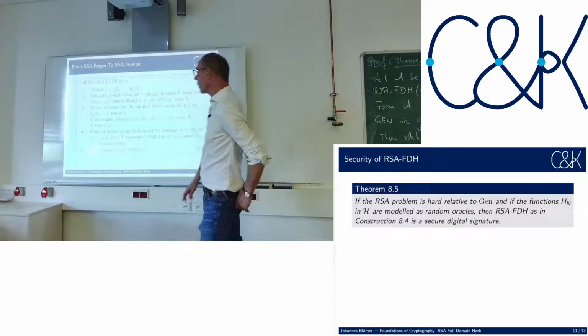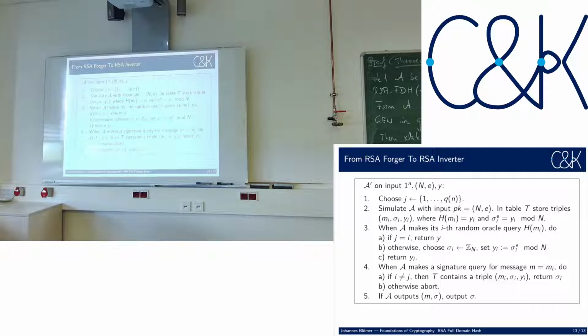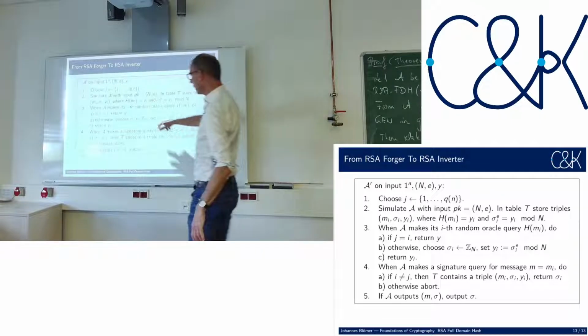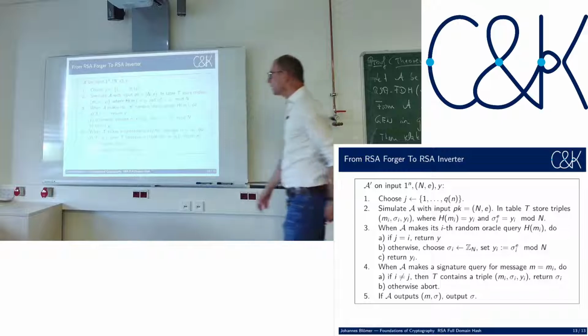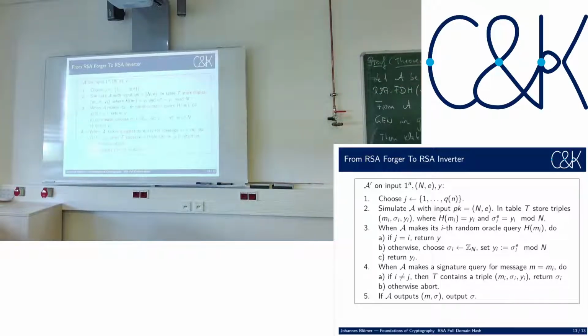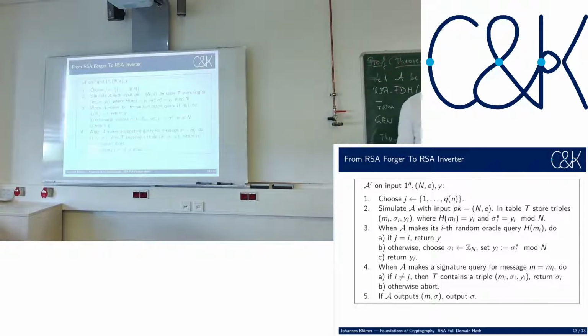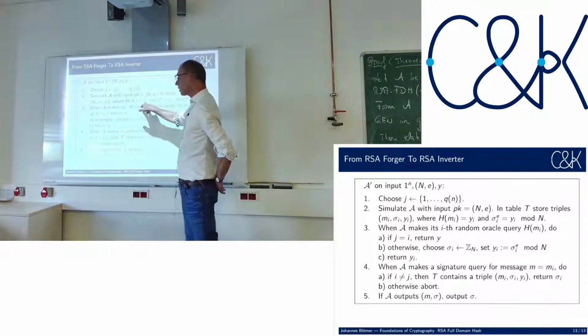Then we do the following. We simulate A with input pk as n comma e. Again, I dropped the subscript n in all the H's here. And in a table T, A prime stores triples mi, sigma i, yi, where H of mi is yi.